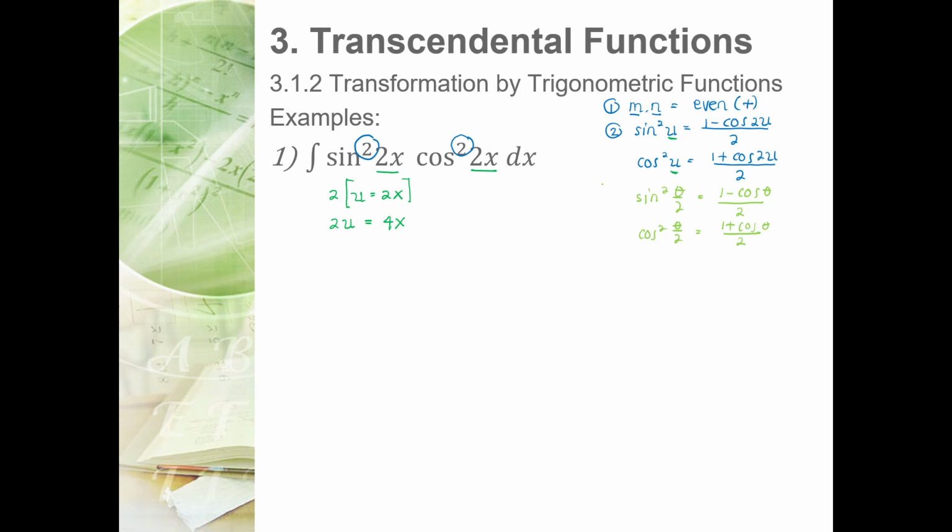Here our theta over 2 is 2x. Then to get theta, just multiply by 2 on the other side. So theta is 4x. As you can see, there's no difference.